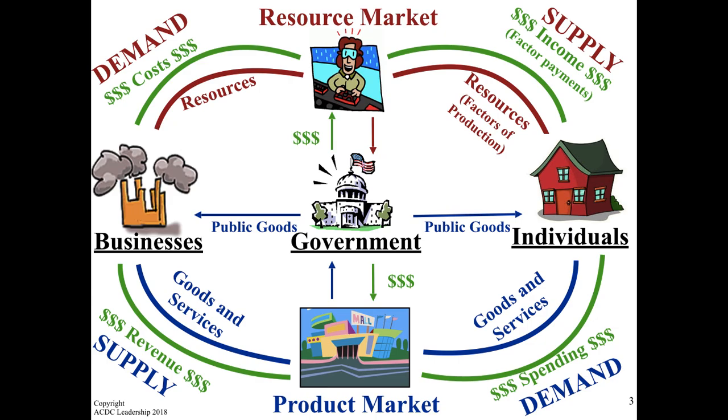For businesses, the government may say, hey, it is legal in our country for you to buy a piece of land and start this business. So there are public goods that are given to individuals and businesses. But in return, individuals pay taxes on some of their income to the government, and businesses will sometimes pay taxes to the government to run those businesses. So the government isn't just giving out those public goods for no reason. They're getting something from that.